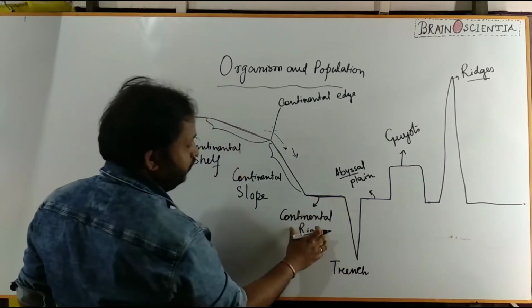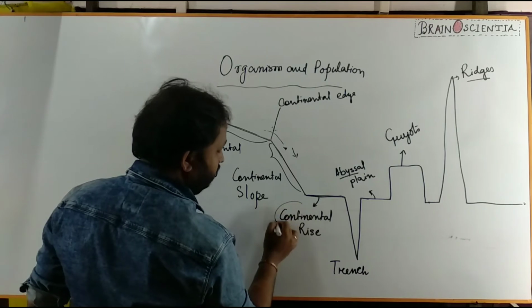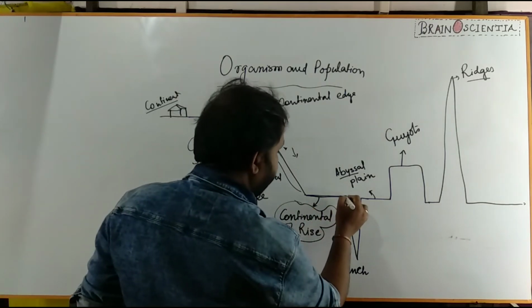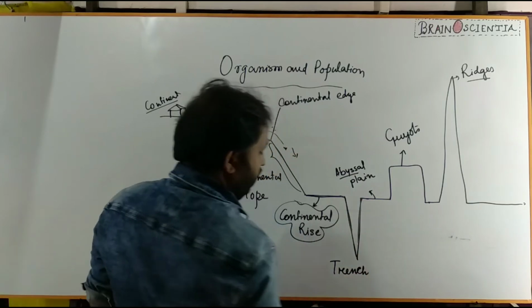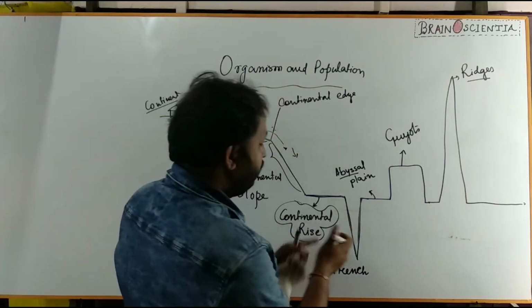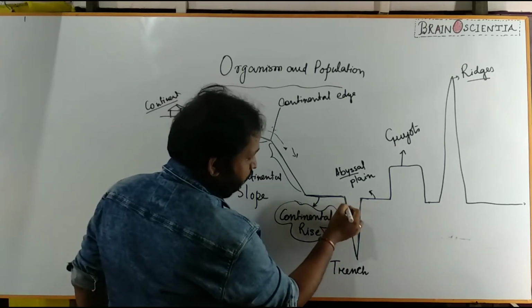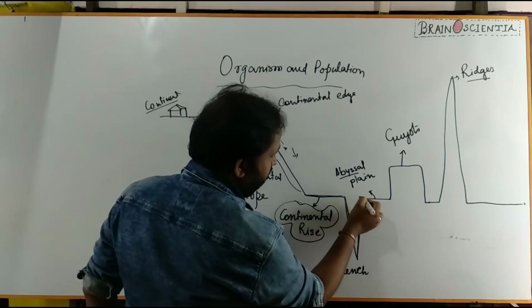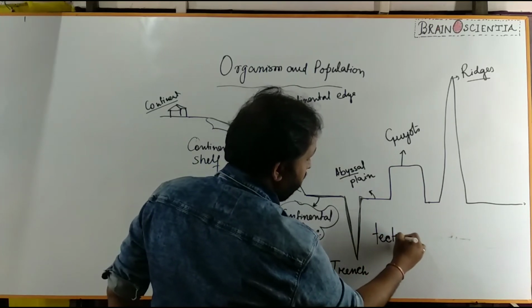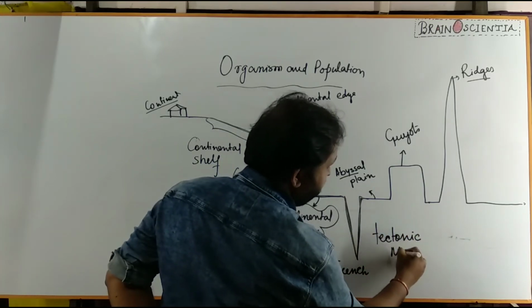As a result, there is a formation of a sudden rise, so it gets the name continental rise. Then, because our earth is formed from tectonic plates, the movement of these tectonic plates leads to the formation of sudden depth regions.